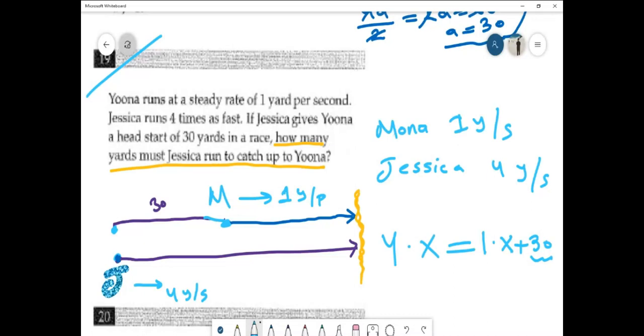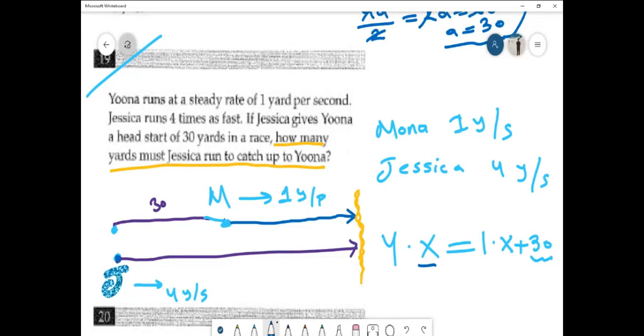Instead of Yuna, I write Mona. Okay. Instead of Jessica, use Farza.